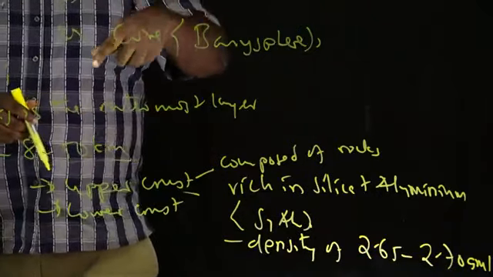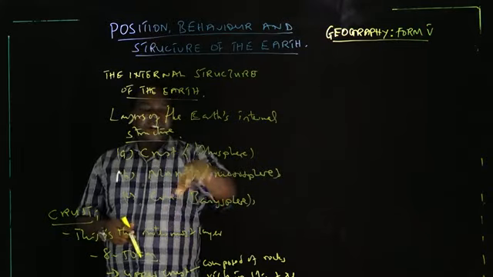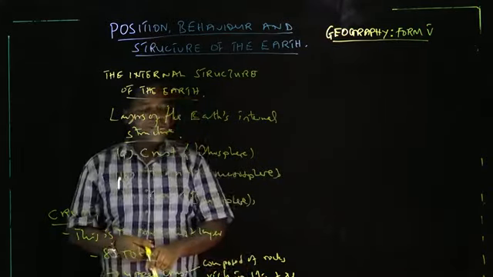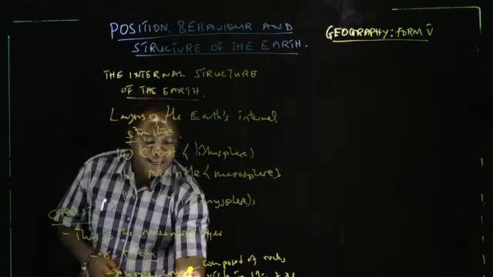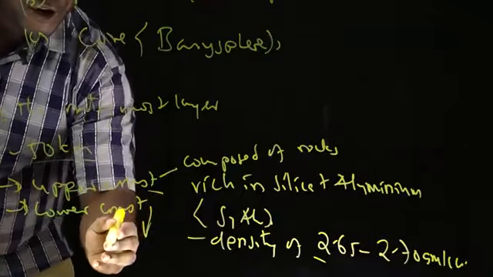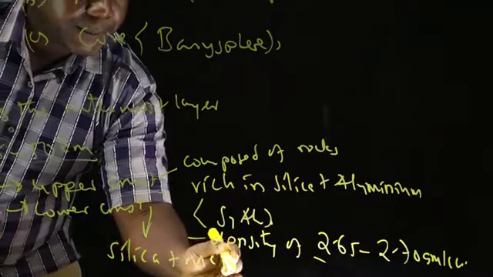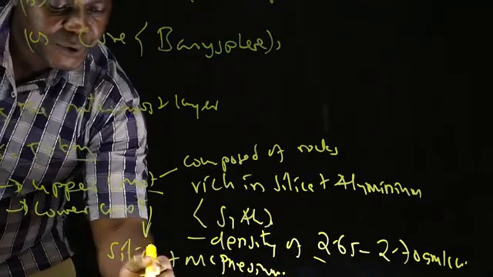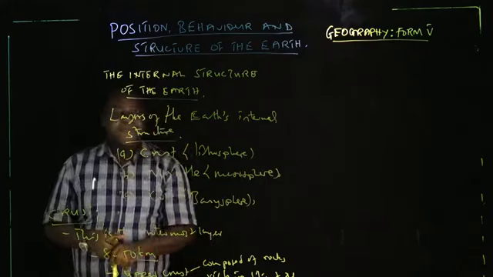And therefore, when we speak of continents, Africa, Asia, and other continents, mainly they are made of silica and aluminium. But the lower layer that we speak of now is made of silica and magnesium, with a density of 2.9 grams per cc.